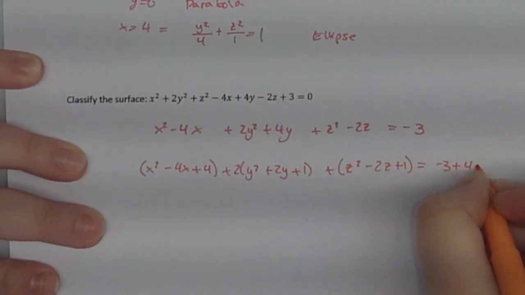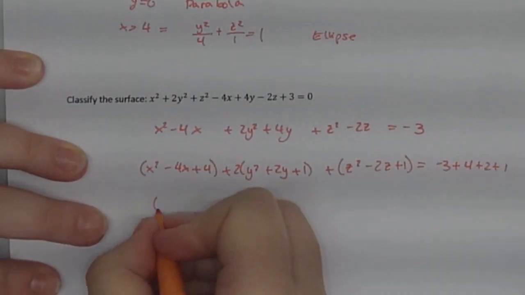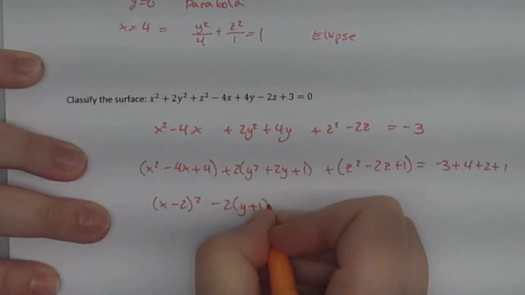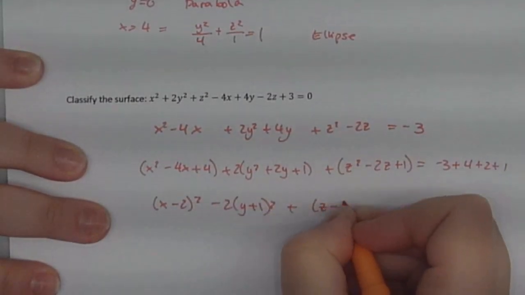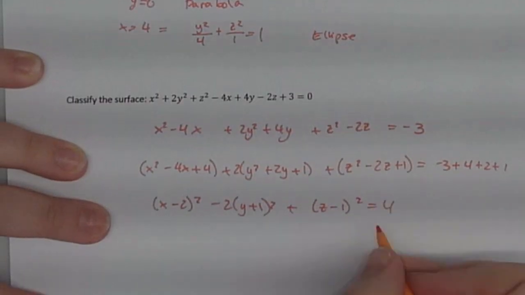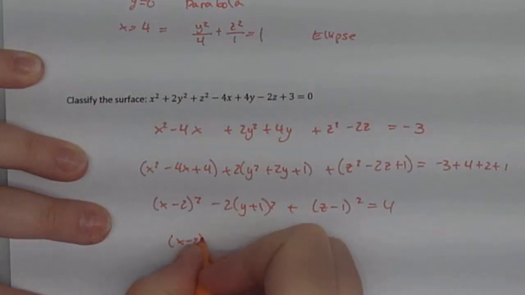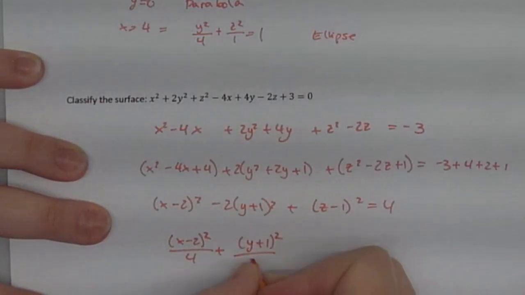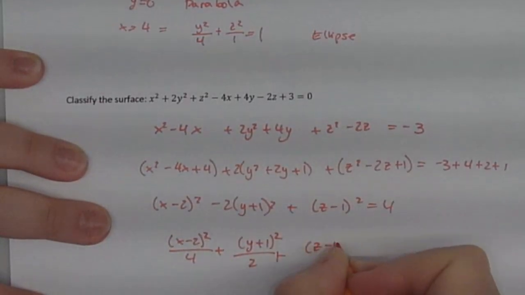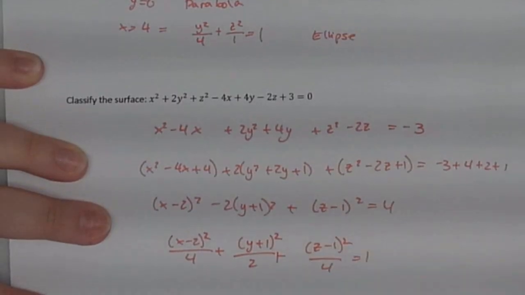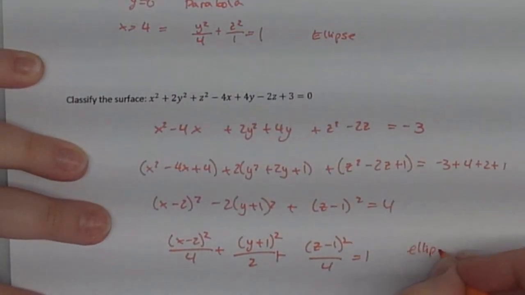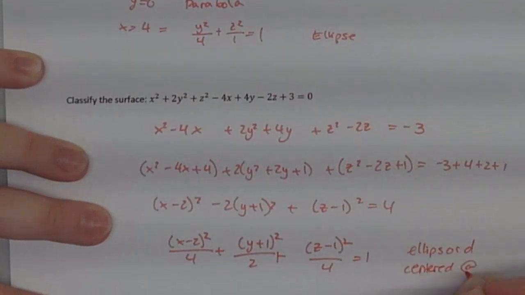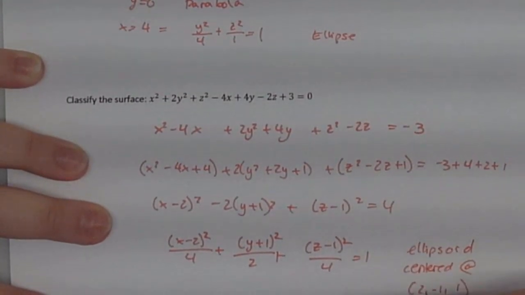And we have to make sure we add all of those to the other side, factor it out completely. Divide everything by 4 so we're equal to 1. And then this is going to be an ellipsoid that is centered at (2, -1, 1).